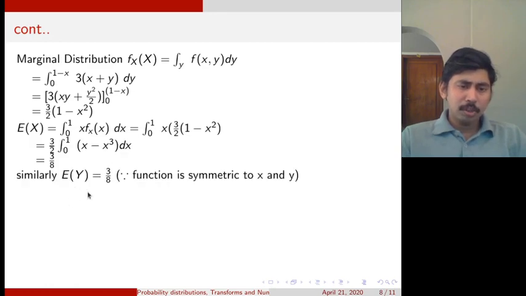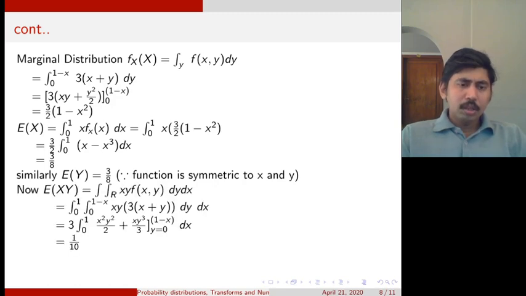Similarly, for expectation of y, the integration should be over x, with limit 0 to 1 minus y. If you do that, you will get expectation of y equal to 3 by 8. Now expectation of xy equals double integral over R of xy into f of xy dy dx. We need to calculate the expectation of this function xy with this probability density.